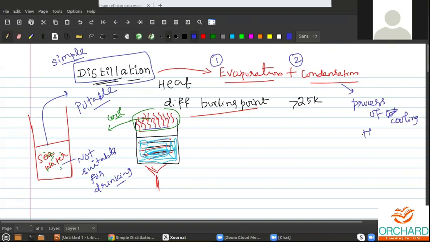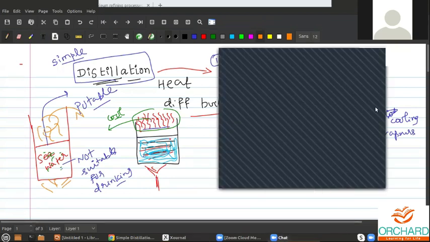So first you heat the sea water, you collect the vapor, you cool it, and you will get distilled water or potable water. Are you able to understand the principle? This is the principle behind simple distillation.